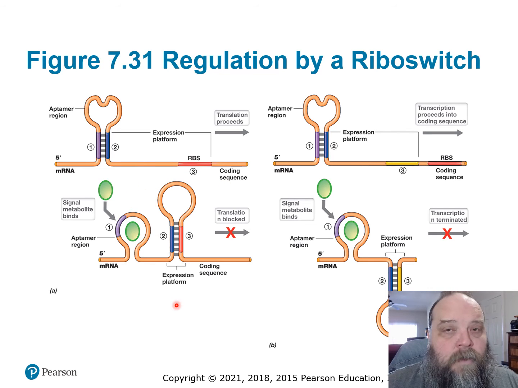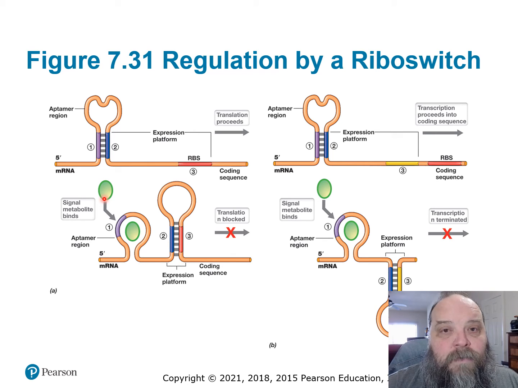So there you go. You have a high enough product concentration in the cell, which means it's now going to interfere with making more of the enzyme that would be responsible for making more of the product. Okay.